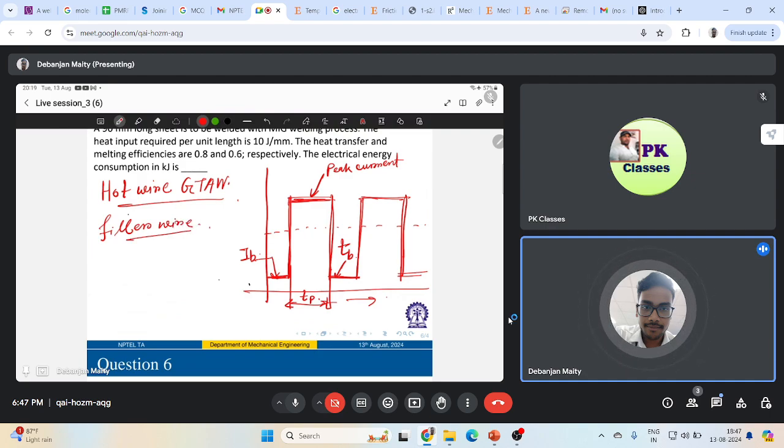Why are you using a filler wire? To increase your deposition rate, right? So in hot wire GTAW, your filler wire is preheated to a temperature that is close to the melting point before it is introduced into the weld pool. How can you preheat the filler wire?